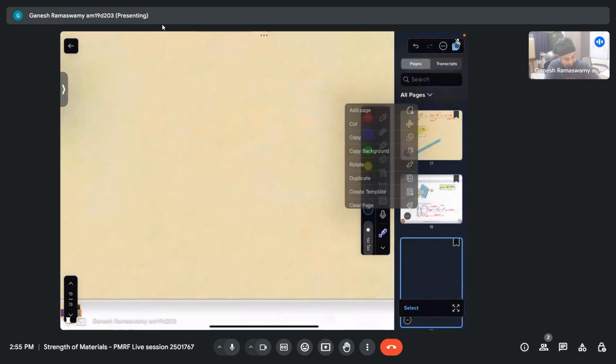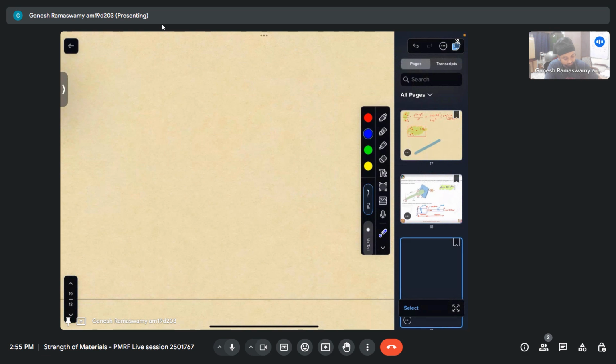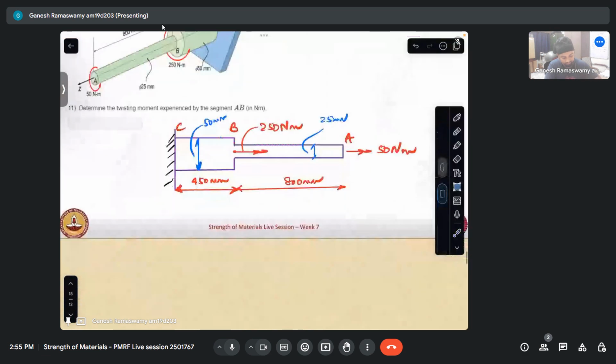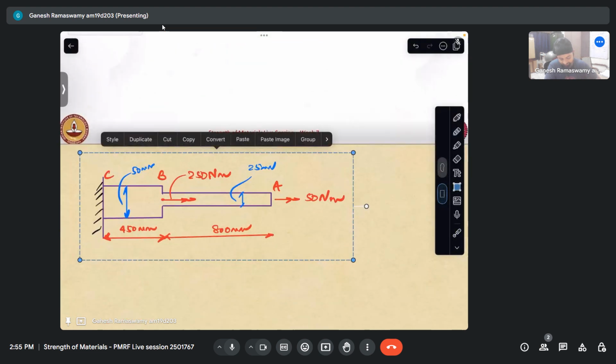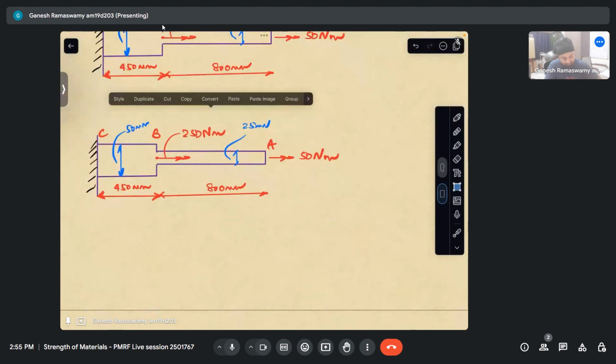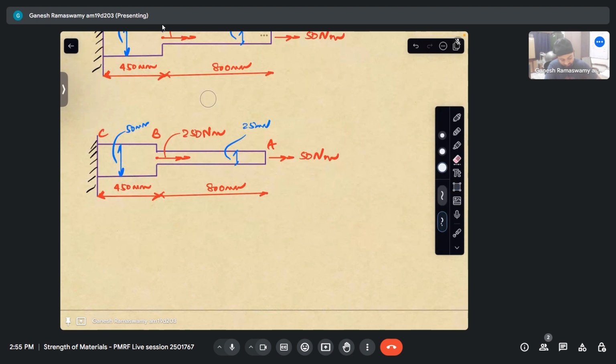So I don't have to do any big calculation. I need it for this section. So I put a cut here. I delete the rest.